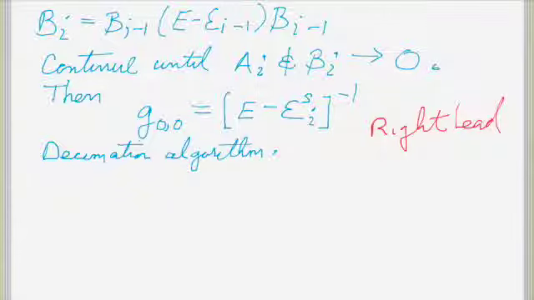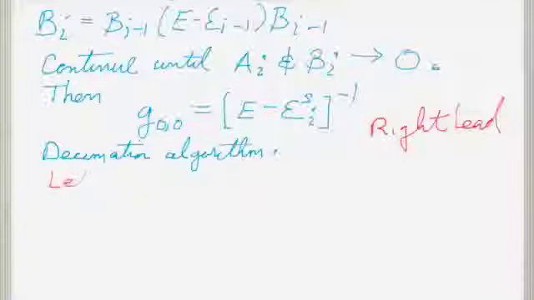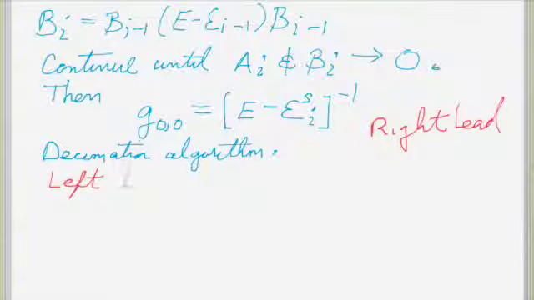So is there any difference for the left lead? Is there anything that's different? The only difference for the left lead is that our surface Green function, G0, is coupling to its neighbor to the left.